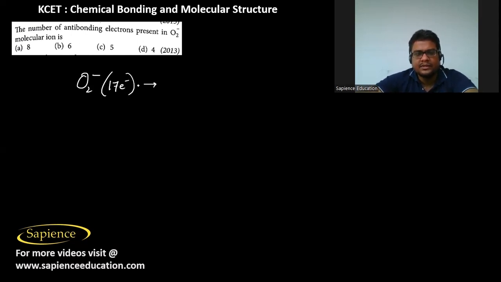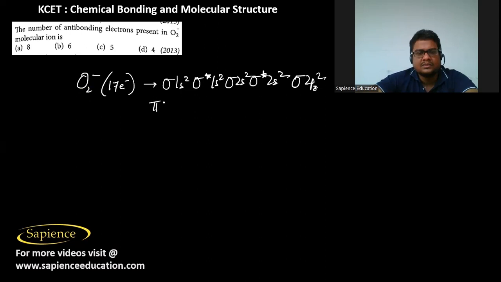If we write the molecular electronic configuration of this, then it will be sigma 1s2, sigma star 1s2, sigma 2s2, sigma star 2s2, and sigma 2pz2, then pi 2px2 equals pi 2py2, then pi star 2px2 equals pi star 2py1.